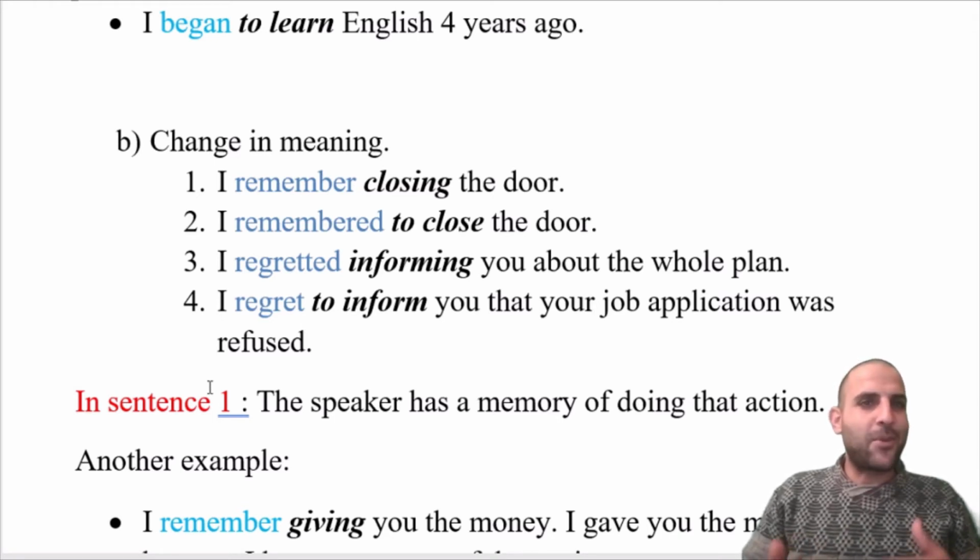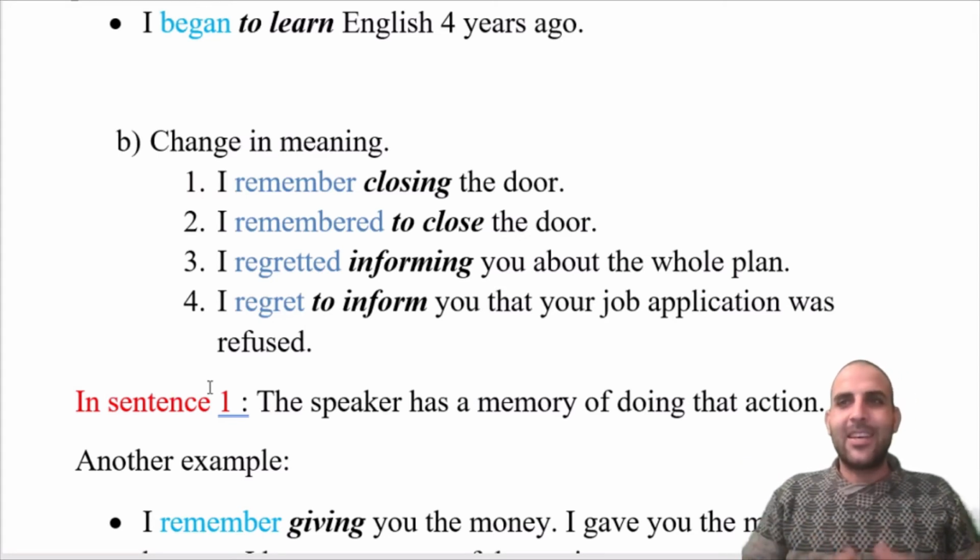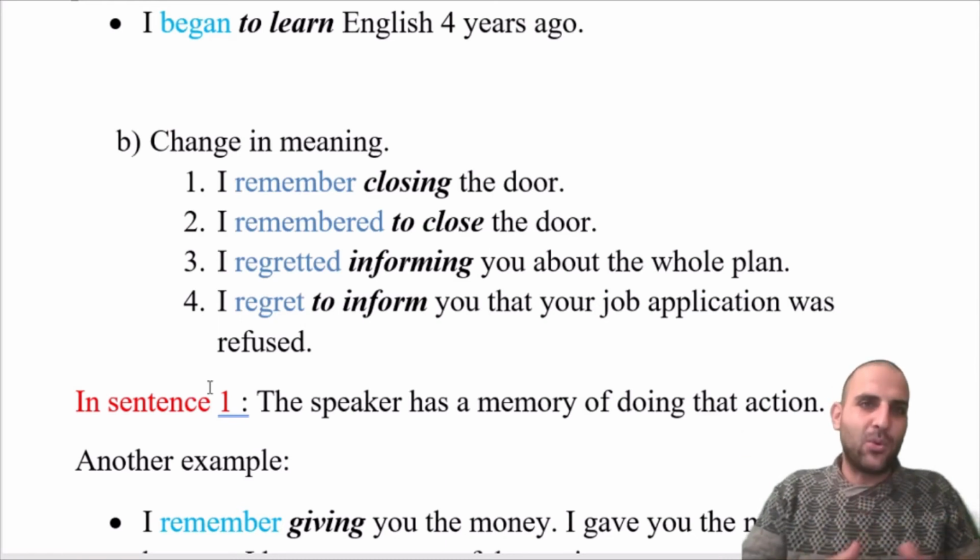Because if you say I regret to inform you, it means you feel sorry to say something, especially a bad news, right? You have a bad news and you want to say it to somebody, and you say, you know what, I regret to tell you this, but somebody had an accident or something. It's a bad news, right?